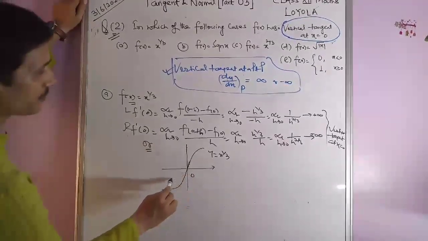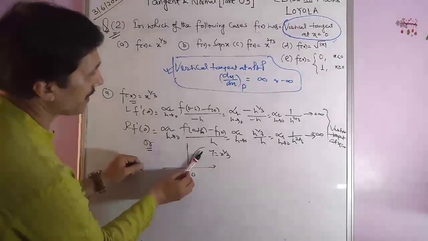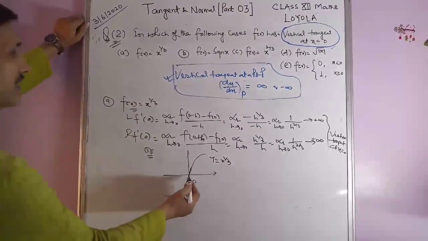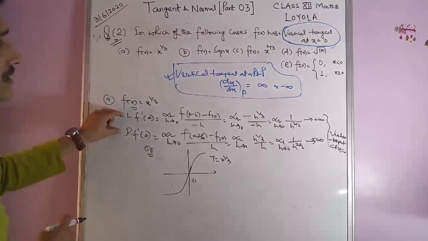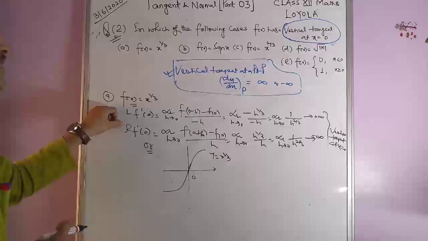This is the graph of y equal to x cube. So we take the image in the line y equal to x, we get the graph of the inverse, clearly continuous at x equal to 0. We directly conclude this question without using the formula, left hand derivative, right hand derivative.